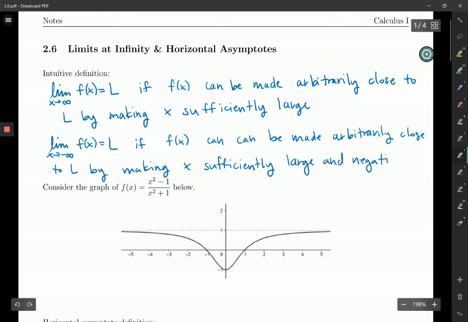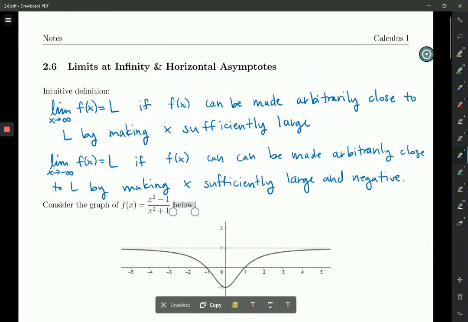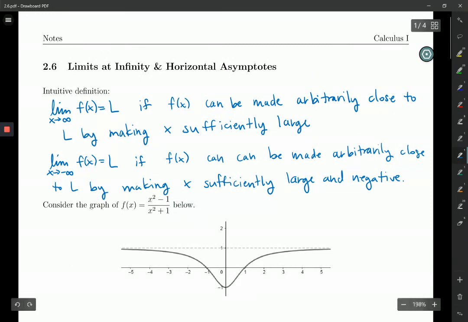So one thing, just to clarify, when I'm talking about large versus small, when we're talking about limits, I mean in absolute value. So I mean like the absolute value, which sort of gives you the size of the number, but not its sign, right? So when I say large and negative, I mean like a very large, say like negative 10,000, but negative, right?